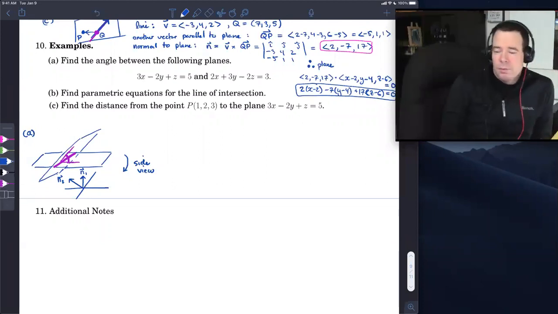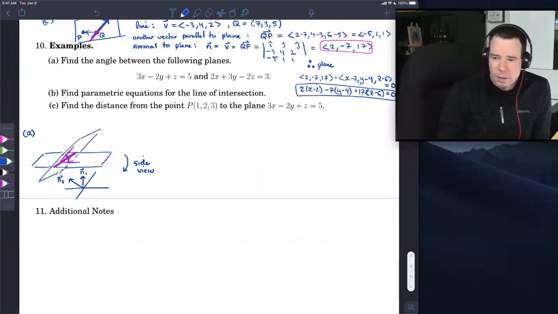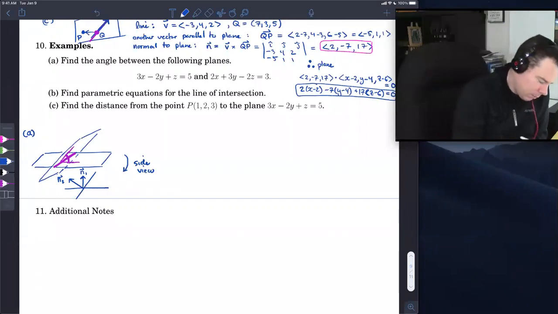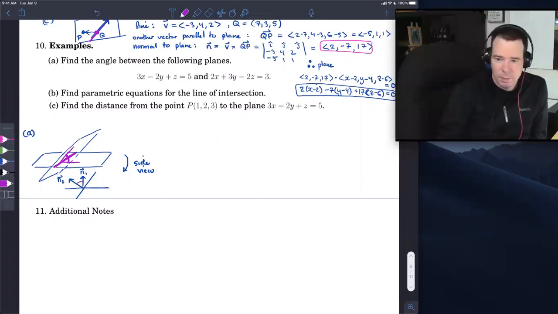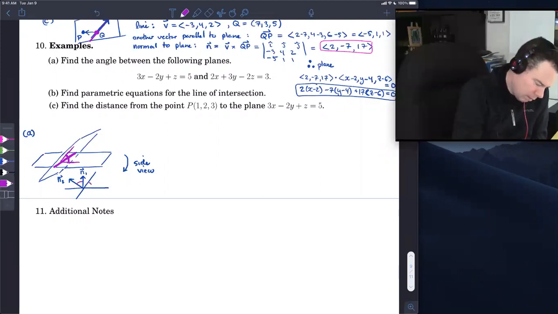Those are easier to find because we can read them off as just the constants in front of the variables in the corresponding expressions, the coefficients of the x's, y's, and z's. And the observation is that the angle between the two normal vectors is the same as the angle between the two planes.